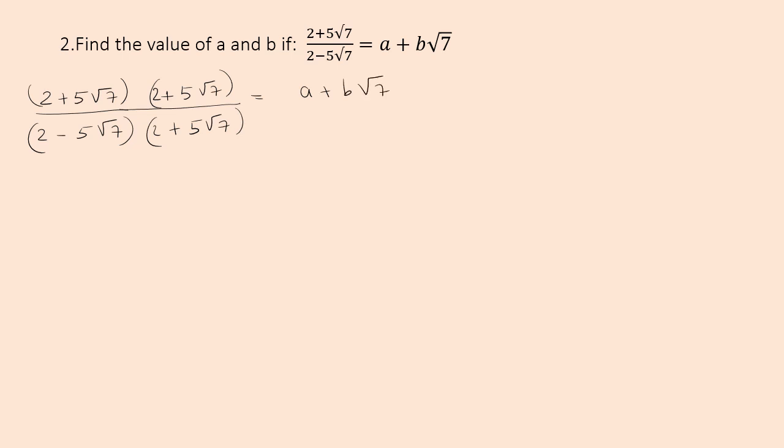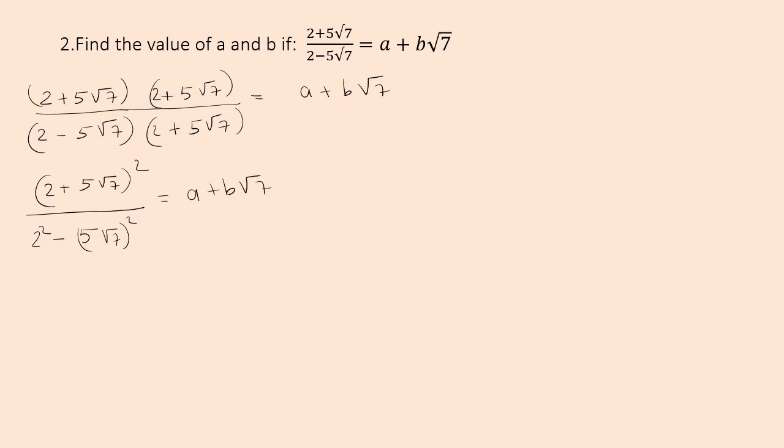Now, in the LHS, the numerator is of the form A plus B multiplied by A plus B. That is 2 plus 5 root 7 whole square upon denominator is of the form A minus B, A plus B, that is A square minus B square. B square is 5 root 7 whole square equal to A plus B root 7.